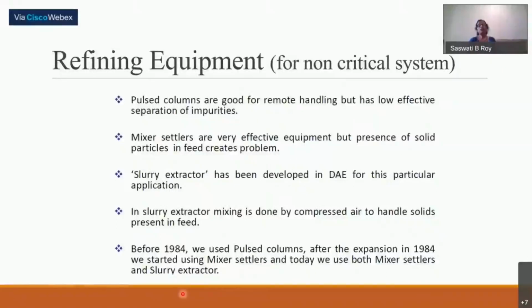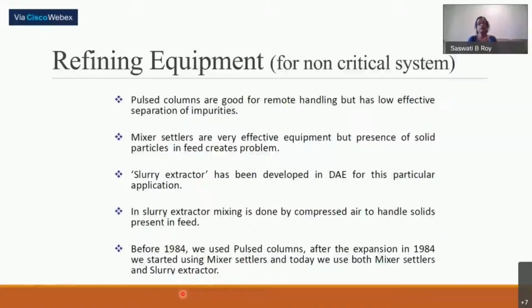Pulse columns are very good for remote handling, but have low efficiency when you increase the diameter of the column, due to back mixing. Mixer settlers are very effective equipment, but the presence of solids creates problems. Now you must have seen the title I have mentioned, for non-critical systems, meaning systems which do not become nuclear critical.